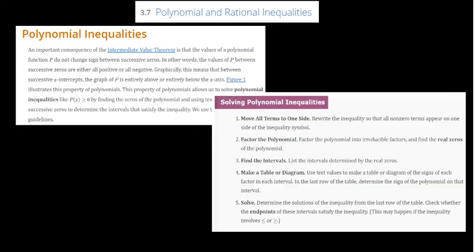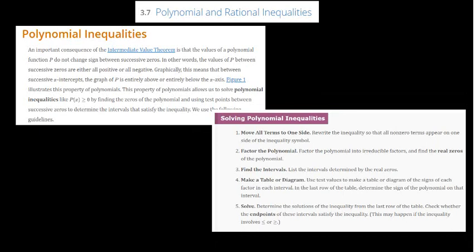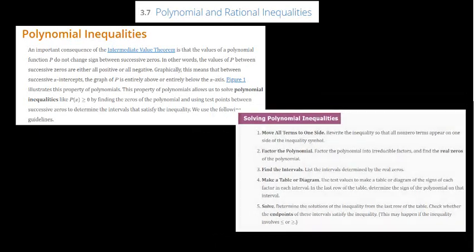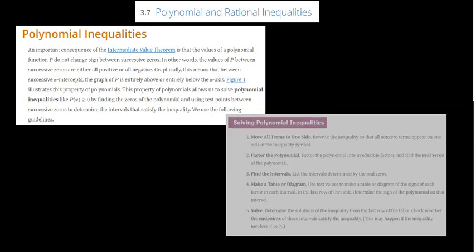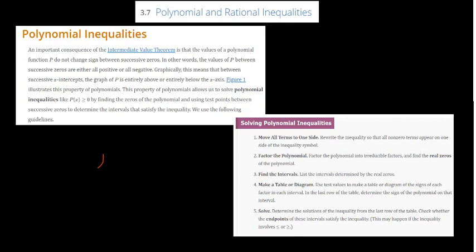Again, I will put this algorithm for solving polynomial inequalities up here, but I'm not going to follow it step by step. Okay, so polynomial inequalities.